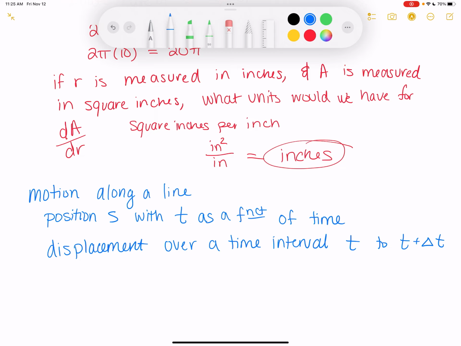We would have delta s, the change of position, is equal to f of t plus delta t minus f of t.